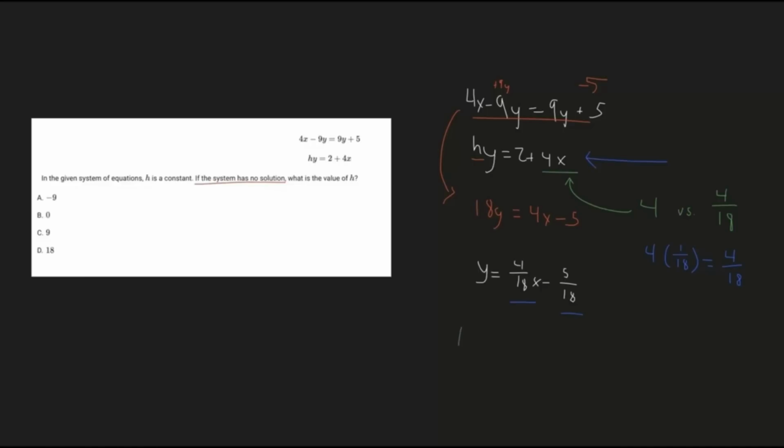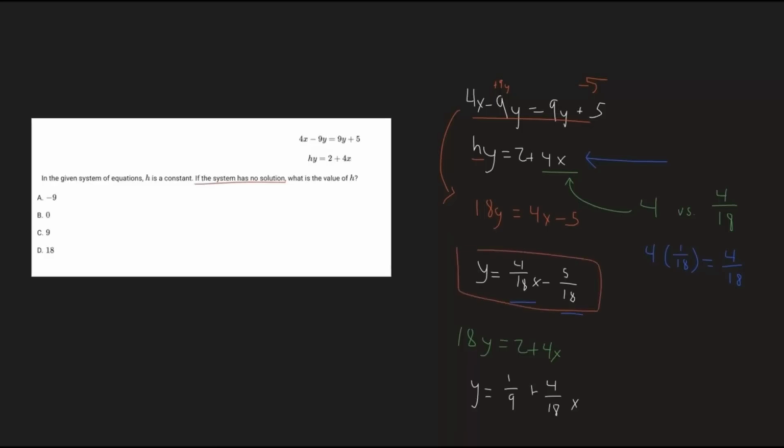If h was 18, then we get 18y equals 2 plus 4x, right? Now when we isolate for the y value, dividing both sides by 18, we get y equals 2 over 18, which is 1/9, plus 4 over 18 x. And now we have our two equations, right?